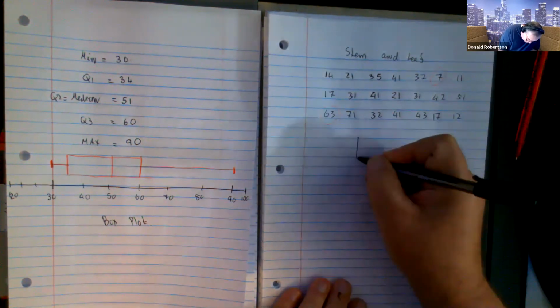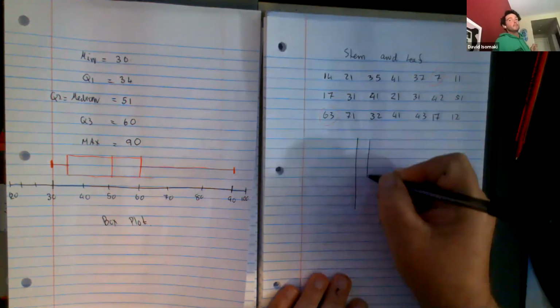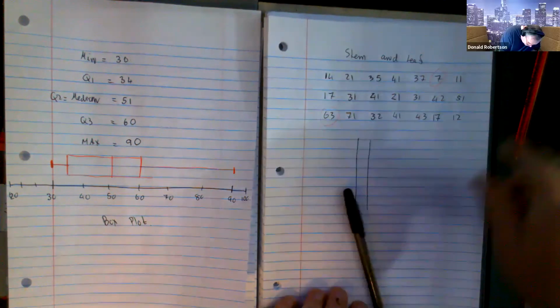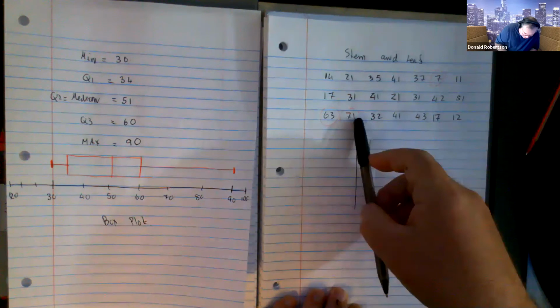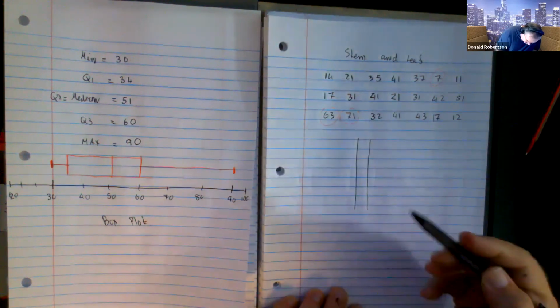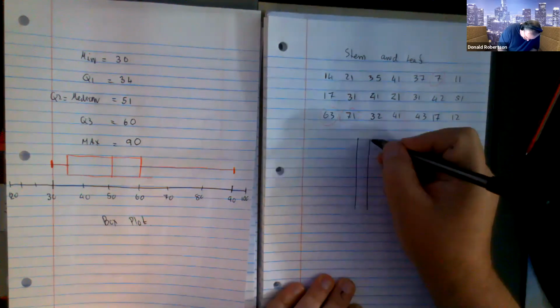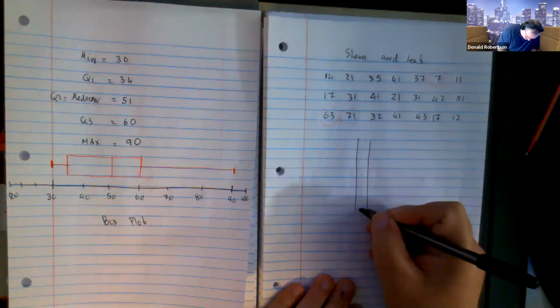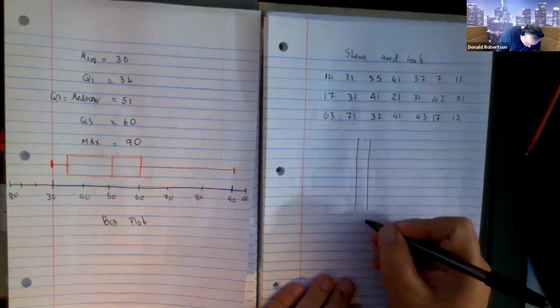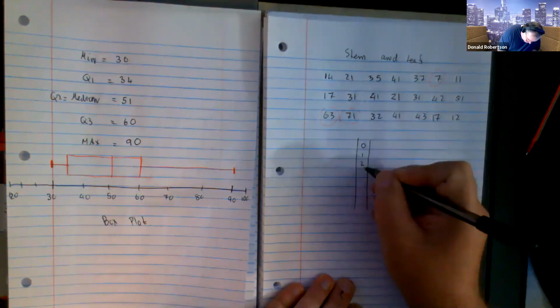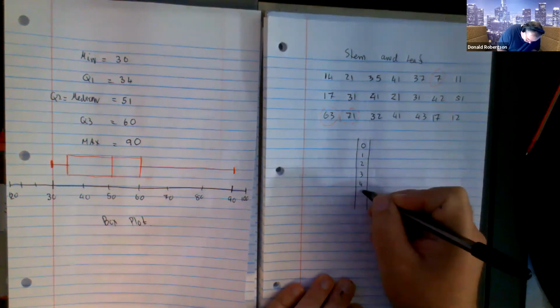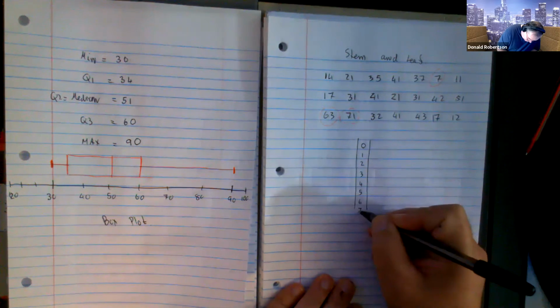So what you do with a stem and leaf is you draw a basic shape that's called the stem. And on this stem, you're going to go 0, 1, 2, 3, 4, 5, 6, 7.